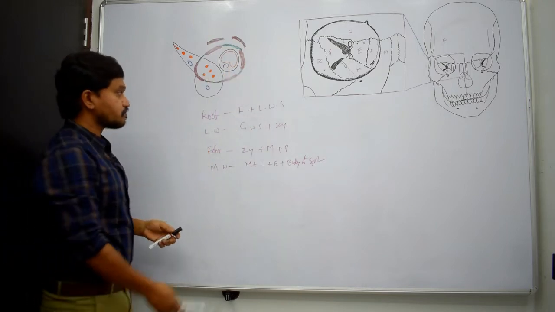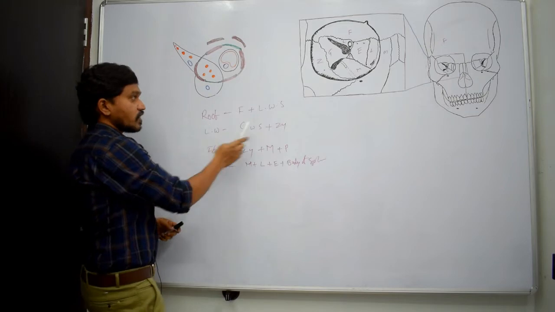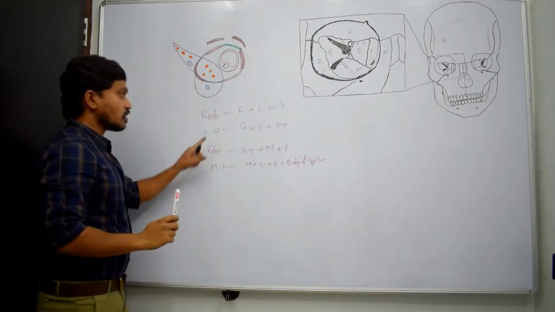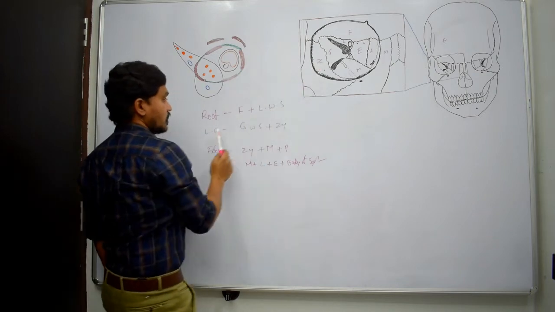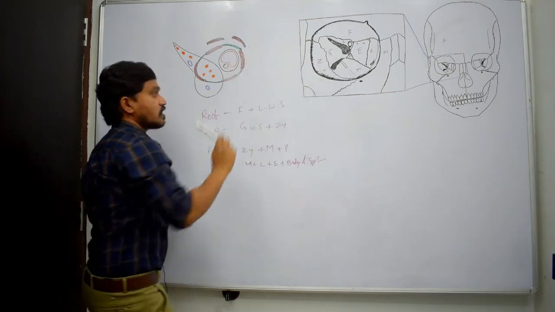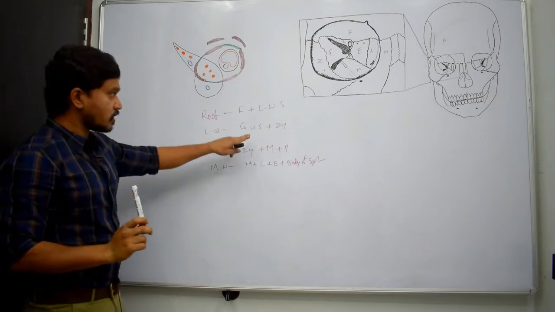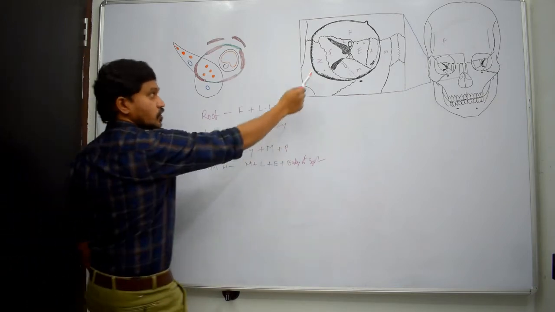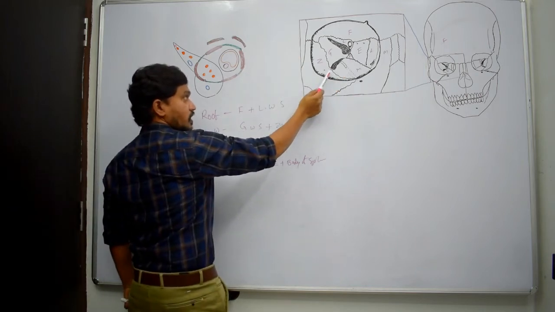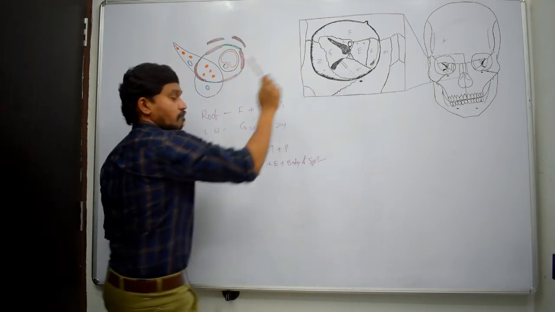Recollect once again. The roof is formed by frontal bone and lesser wing of sphenoid. The lateral wall is formed by zygomatic bone and greater wing of sphenoid. The floor is formed by zygomatic bone and maxilla.